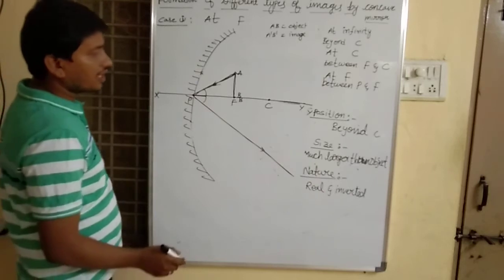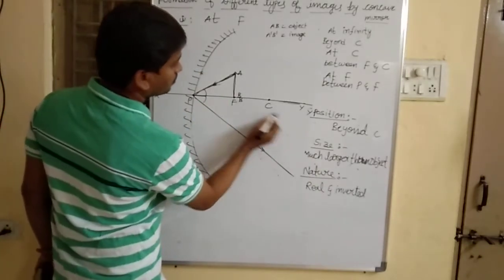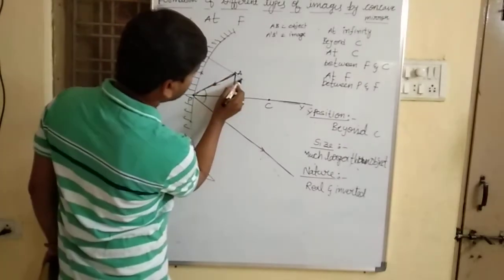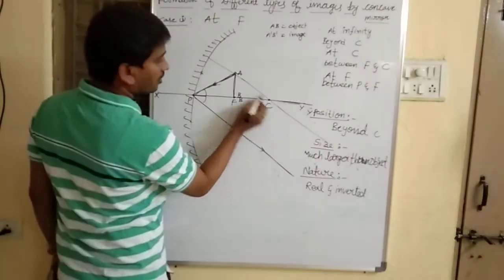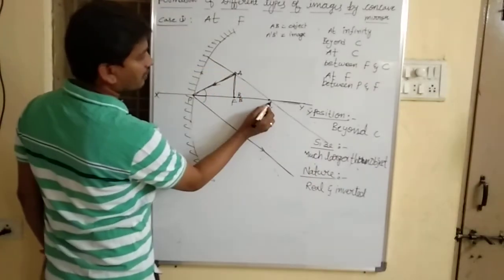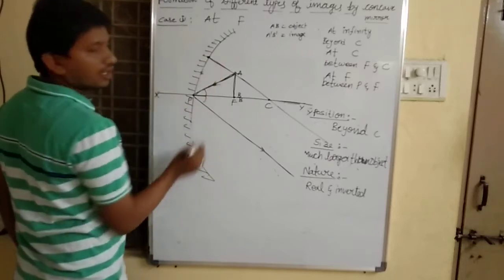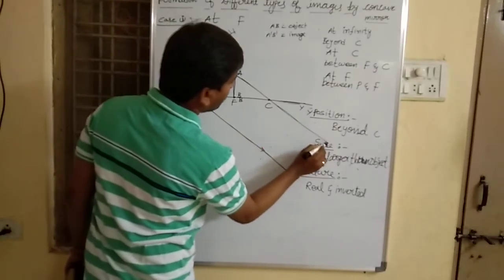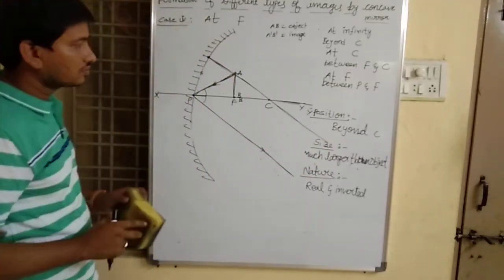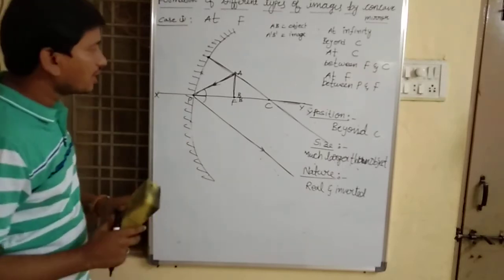Now coming to the second incident ray, which is coming through the center of curvature of a concave mirror. After striking the mirror at this point, again it comes along the same path. Are you understanding my two rays?